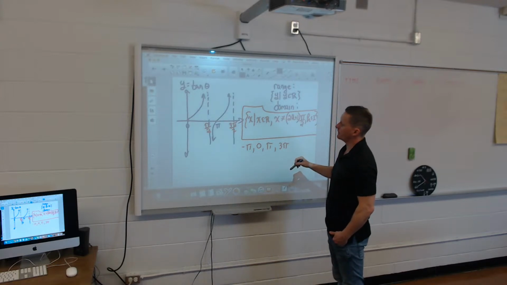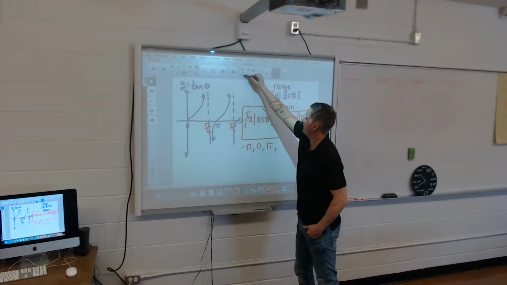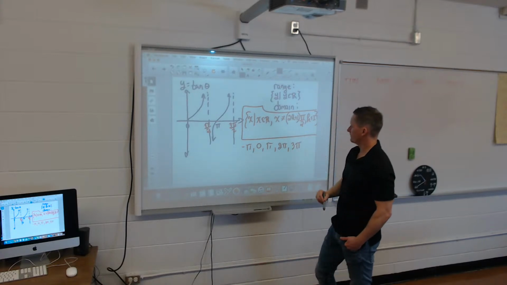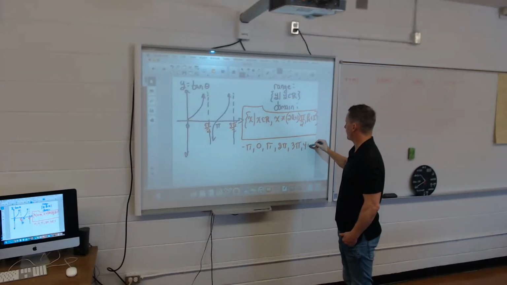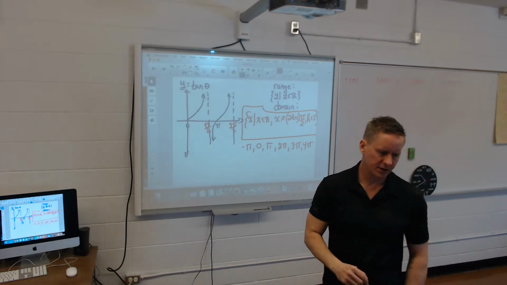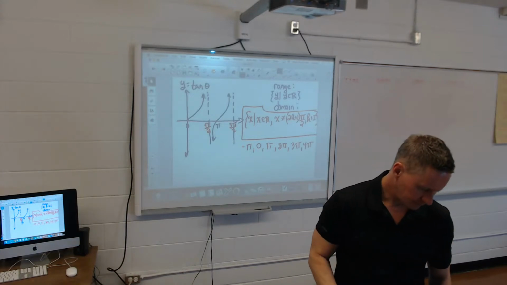So it's the odd values. Nope, it would be all values, my bad. So this would be 2 pi here, and then 3 pi. And I guess if we're including 4 pi, yeah, you are. Those are your zeros.